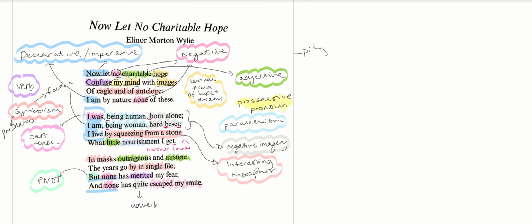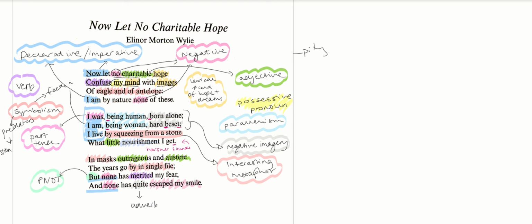And so if she doesn't want her mind to be confused with images of eagles and of antelopes, perhaps she is saying here that she doesn't want hope or false hope to suggest that she is as free as an eagle or an antelope, or indeed as strong and powerful.